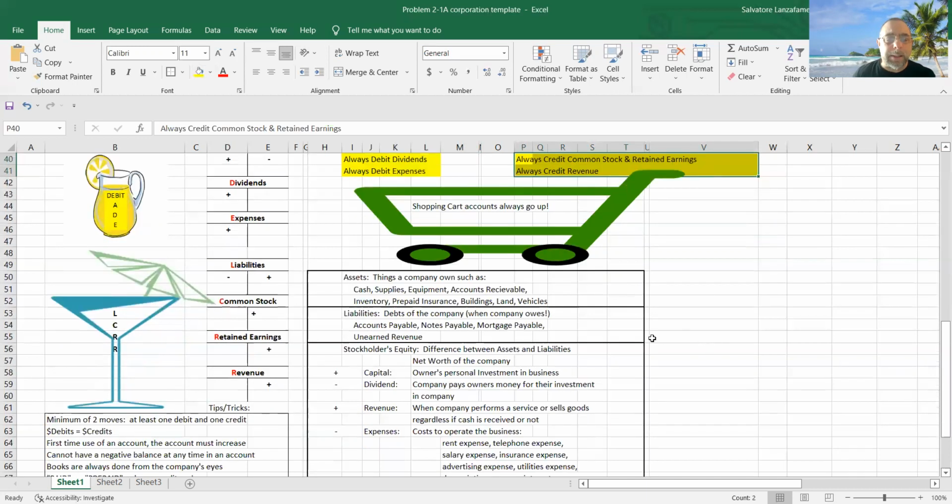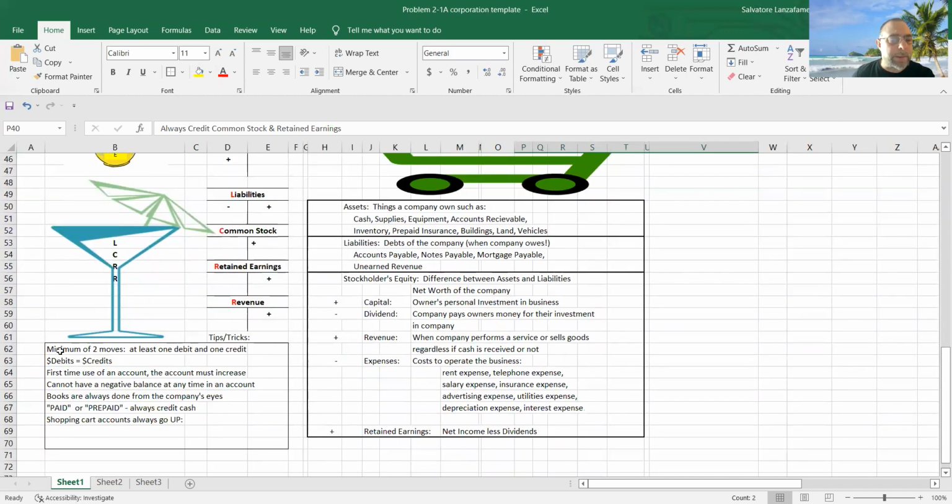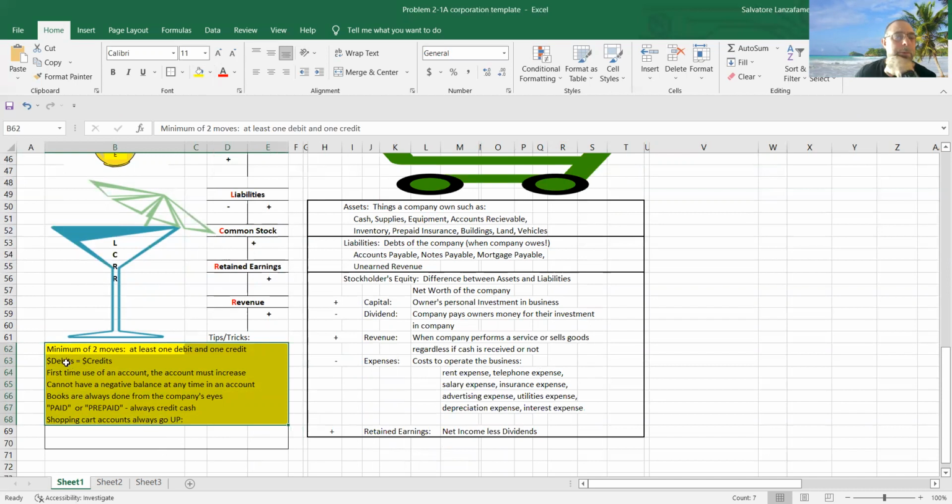Okay. And then down here I have some little definitional stuff, and I also have some little tips, and that's what I want to talk about for right now, because this will help us as we're doing some of these transactions. Remember that when you're working in the journal, there's always a minimum of 2 moves. You have to have at least 1 debit and at least 1 credit.